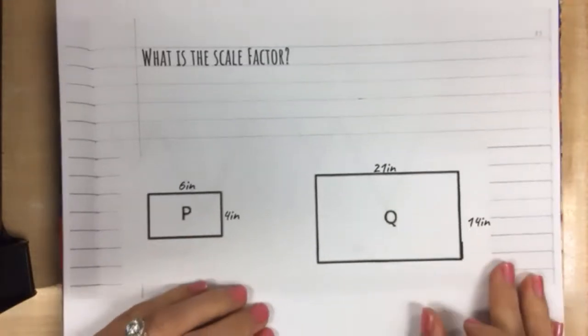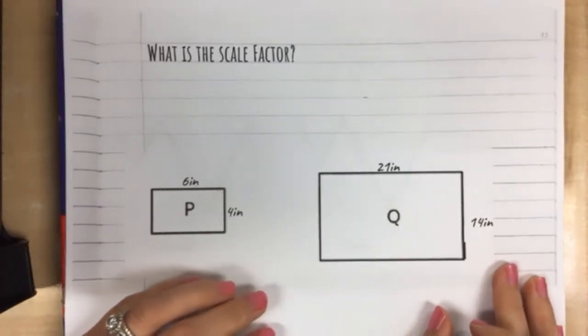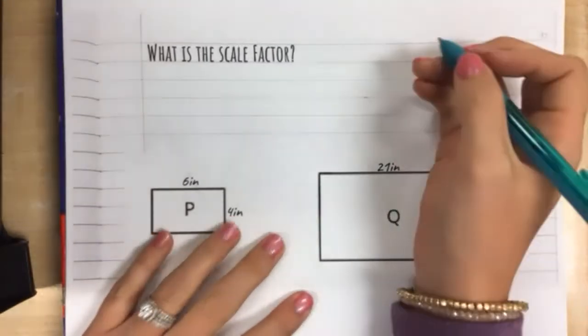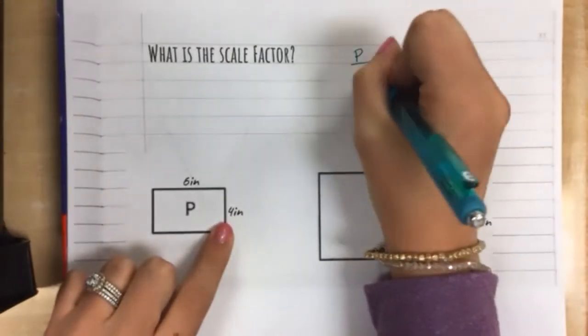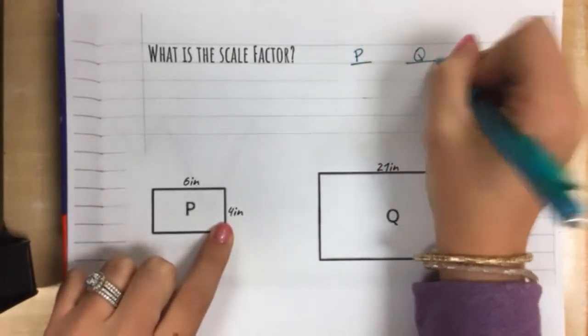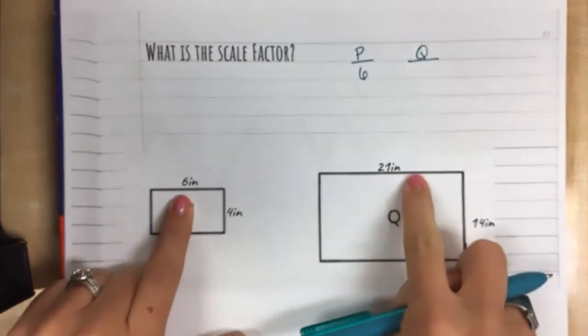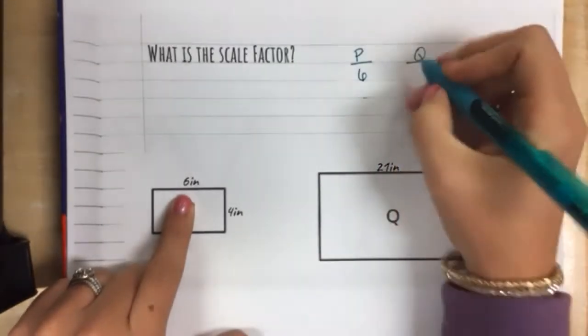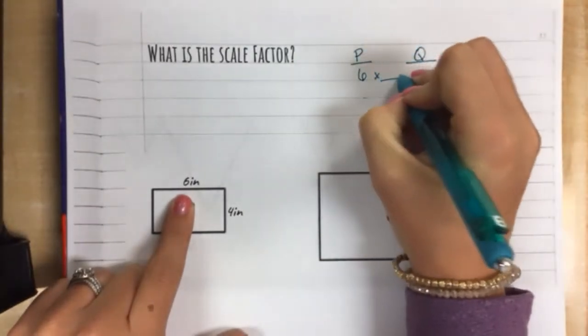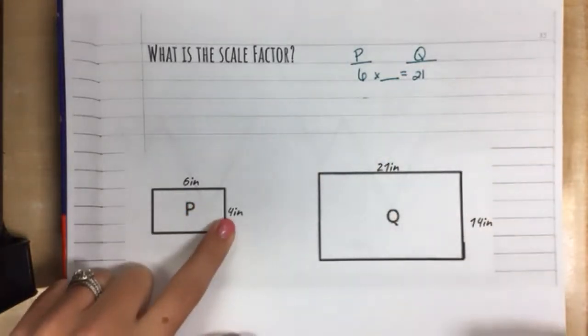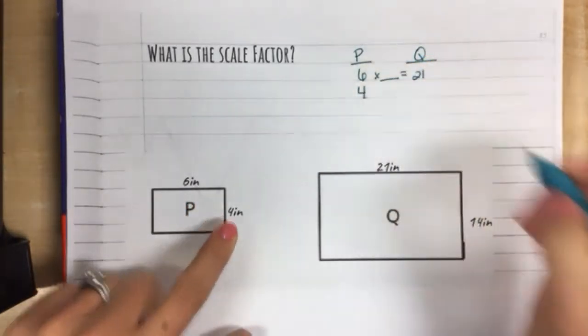We're going to find a scale factor here, and now they are not going to multiply by a whole number. So I'm going to write my information down for P and Q. Horizontal is 6. Corresponding side now is 21. 6 times something equals 21. Vertical side is 4.